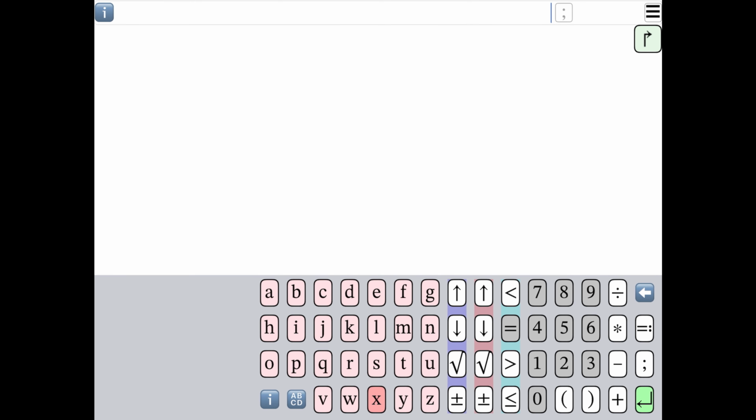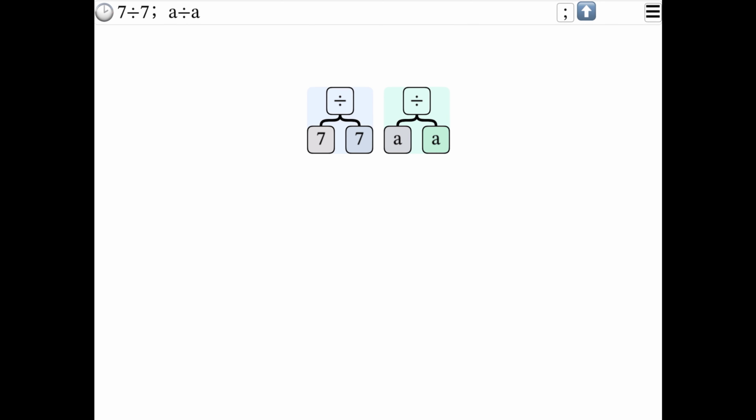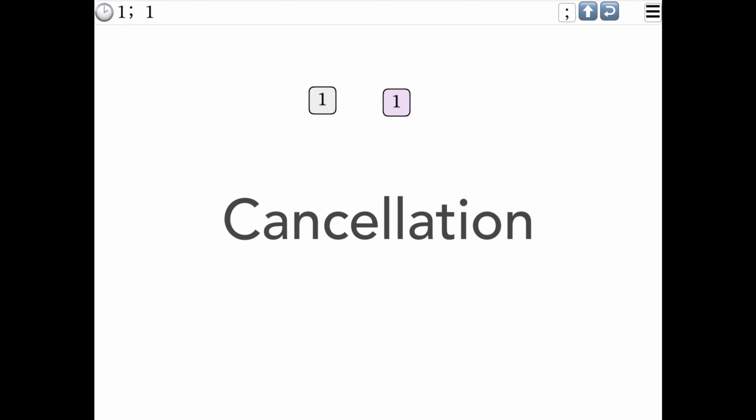Sometimes an expression says to divide something by itself. Of course, these operations evaluate to 1. But once again, because we don't know the value of A, trying to evaluate A over A does nothing. Similar to what DragginMath does with subtraction, commuting a division with equal operands cancels division into 1.